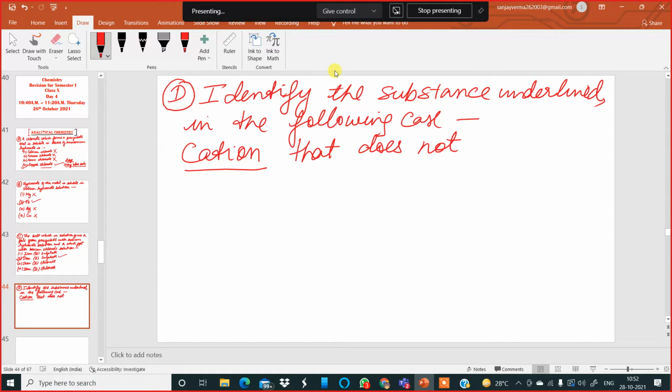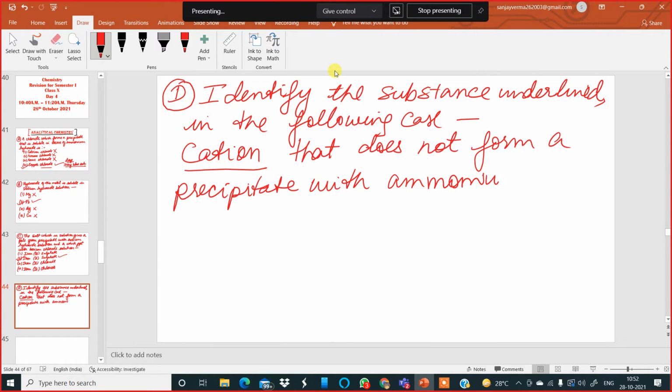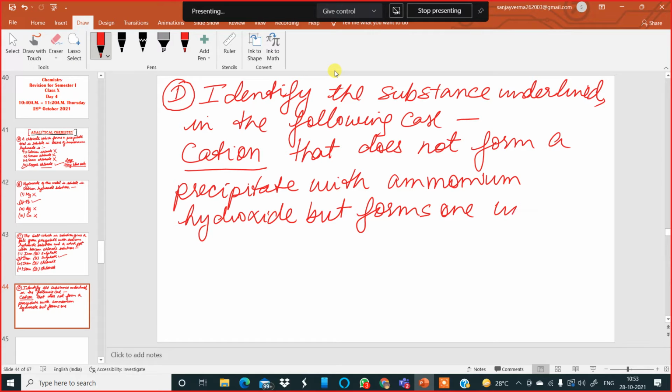Cation that does not form a precipitate with ammonium hydroxide, but forms one with sodium hydroxide.